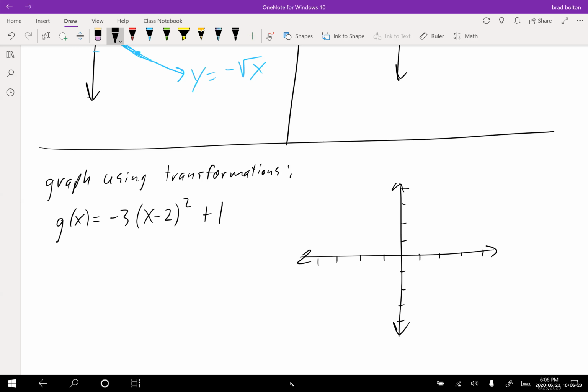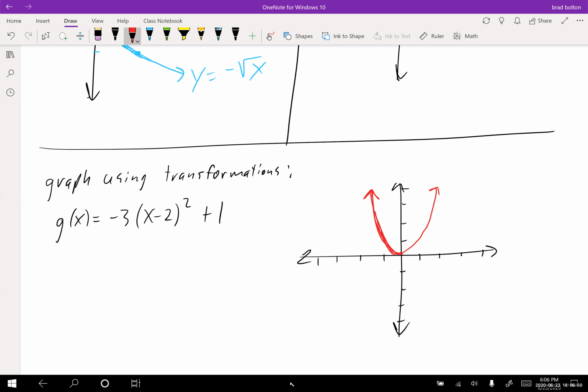Okay, so I'm going to draw my parent function. My parent function is the normal basic parabola, right? Okay, so we have that parabola.